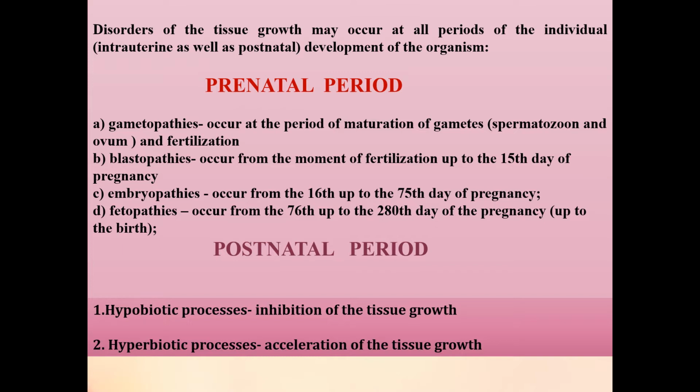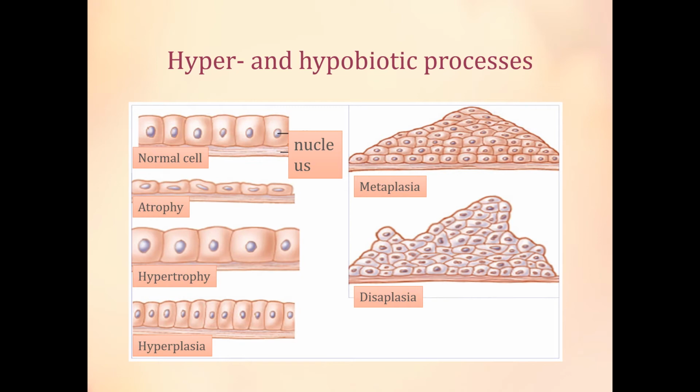In the postnatal period of the development, cells, tissues, and organs of the body undergo various physiological and pathological changes. They are divided into 2 groups, hyperbiotic processes and hypobiotic processes. Hypobiotic process means the weakening in tissue growth.